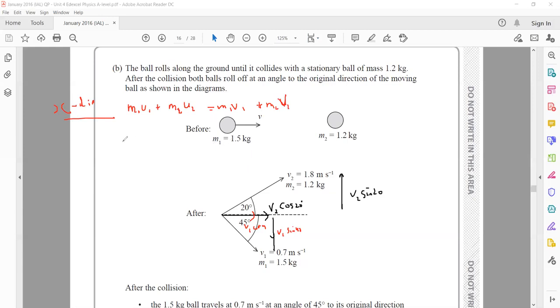Initially, the object of mass 1, 1.5 kilogram, is multiplied by the velocity at which it is moving, v. The second object was stationary, so what is the initial velocity? It was 0, so this whole momentum will be 0. m1 is 1.5. Now what velocity will I take for v1?